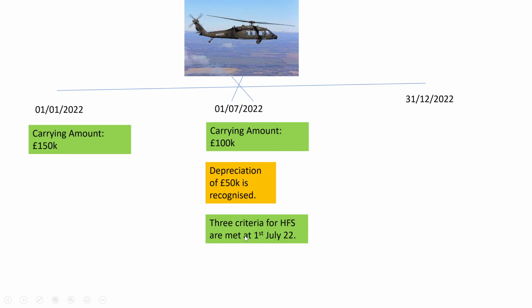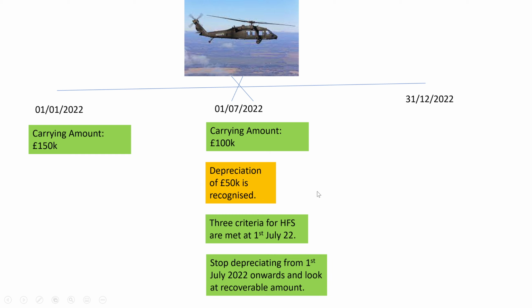But then we find that the 3 criteria for held for sale are met at 1st of July 22. That means that some changes need to happen. So the first change, which you can get a mark easily for saying, is that we need to stop depreciating the asset from 1st of July 22 onwards and assess the recoverable amount.